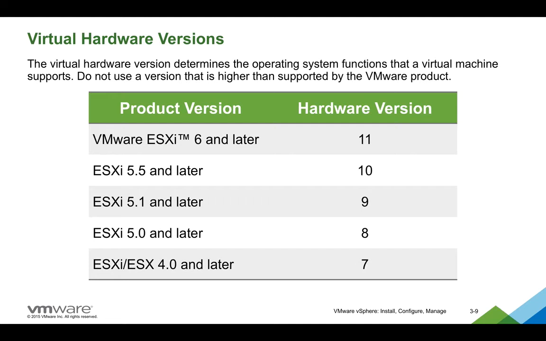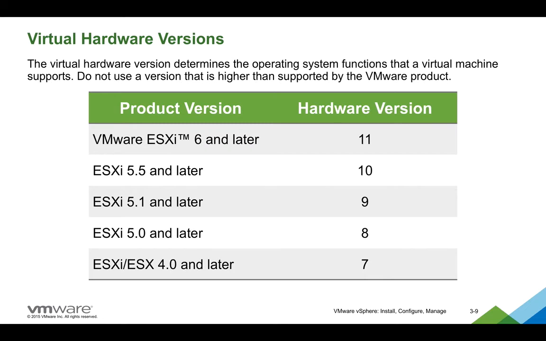And if you create a virtual machine or an OVA or OVF on ESXi 6, you won't be able to open it on ESXi 5.5, which is version 10. Meaning if you create one with version 11 capability, you can't move that virtual machine to an ESXi host at a lower version number.